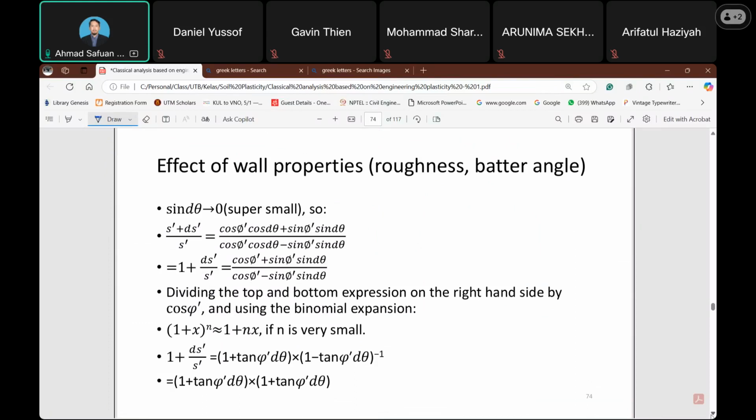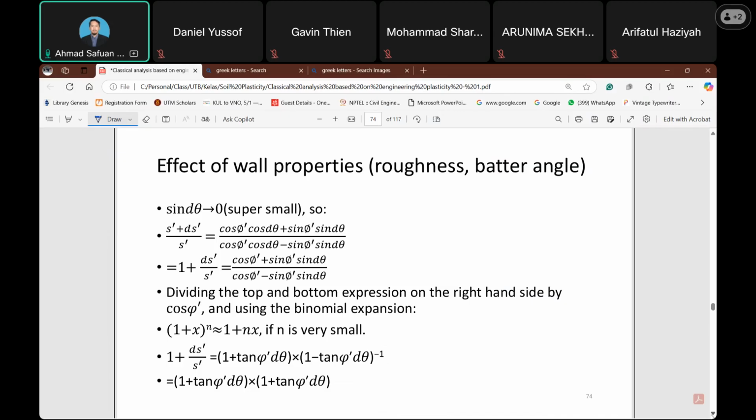Then we obtain 1 plus ds over s cos phi plus sine theta sine d delta and d theta over cos phi minus sine theta sine d. Okay, dividing the top and the bottom, especially on the right side, by cos phi.